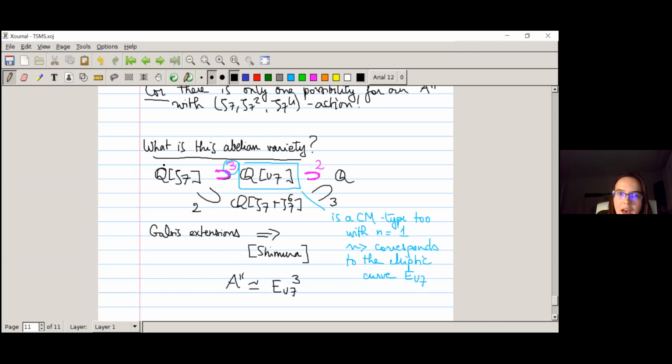So every time you have a CM type and it's a Galois extension of another CM type, then your abelian variety with the big CM type is a power of the small CM type. Here you have the larger CM type, and here you have the smaller CM type.